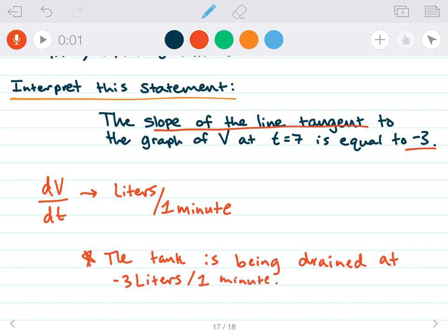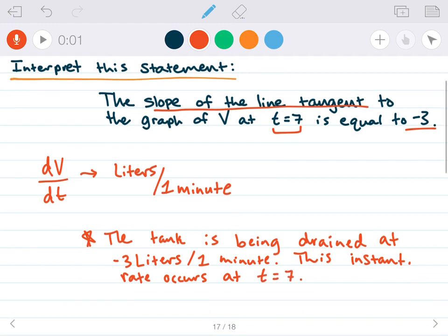And it makes sense that it's negative, because it's draining. And they tell us when this instantaneous rate occurs. This happens at t equals 7. And so this instantaneous rate occurs at t equals 7.